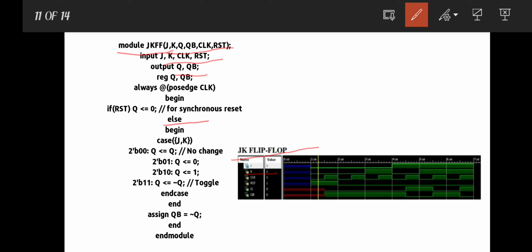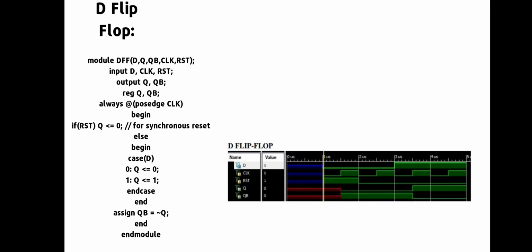Here J is equal to 0, K is equal to 0, and the output we get is X and X. And this is the Verilog code for the D flip-flop.